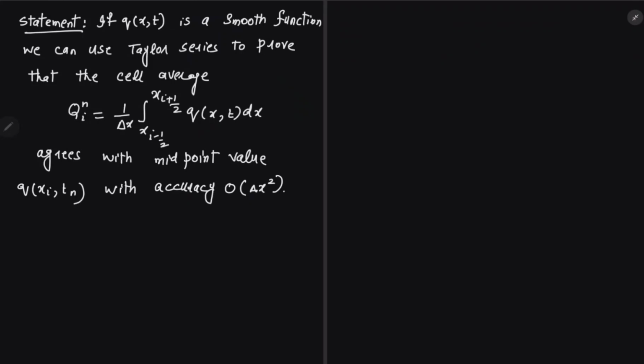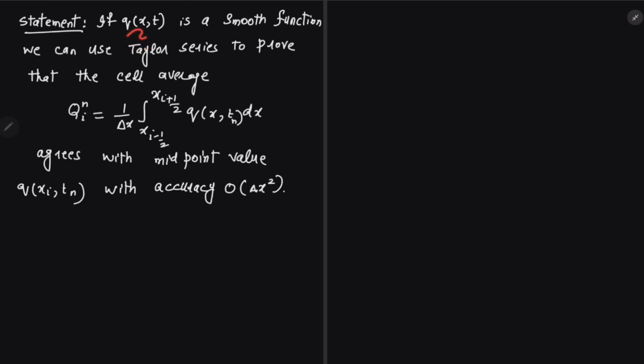In this video, we will talk about the order of this cell average that we introduced in the previous lecture. So we have to apply the Taylor series over here.